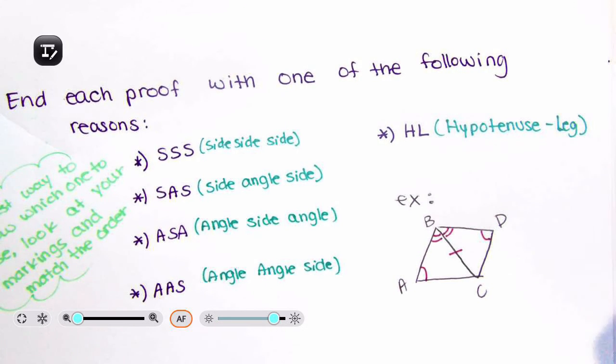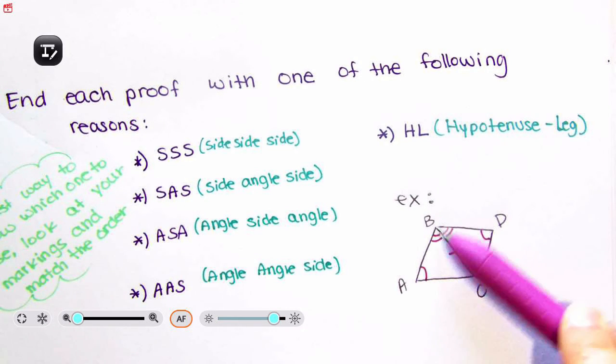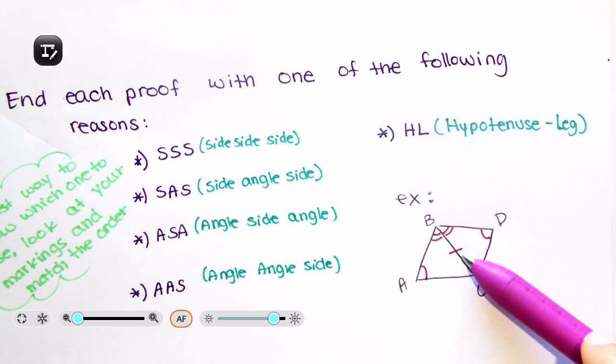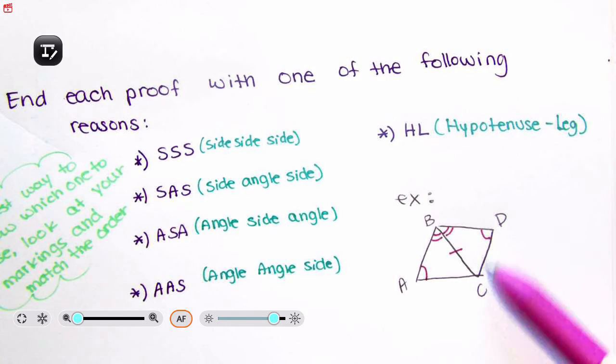So this is what you see at the end. This angle is given to you. This angle is given to you. These angles are also given to you. You know this is the reflexive property because it is the same side twice.